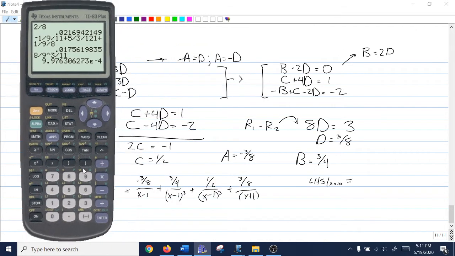When I plug it into the right-hand side, I get negative 3/8 over 9 plus 3/4 over 9 squared plus 1/2 over 9 cubed plus 3/8 over 11.